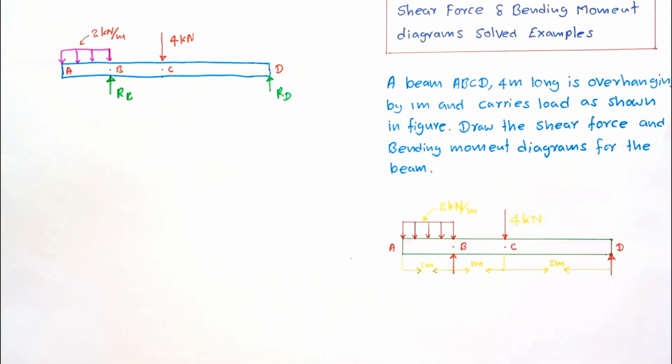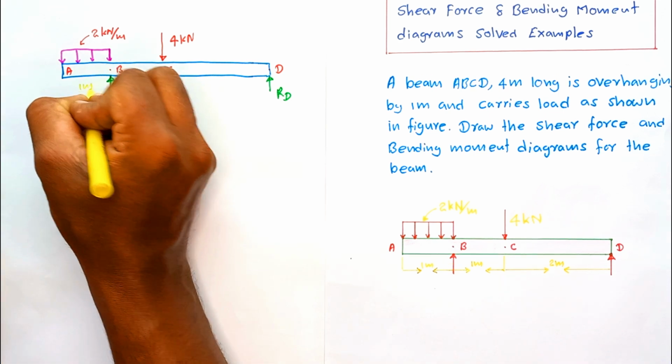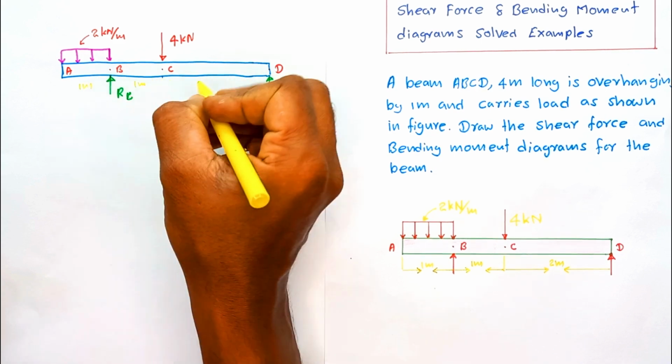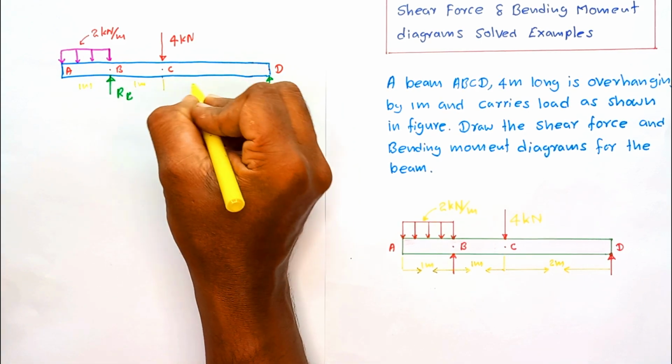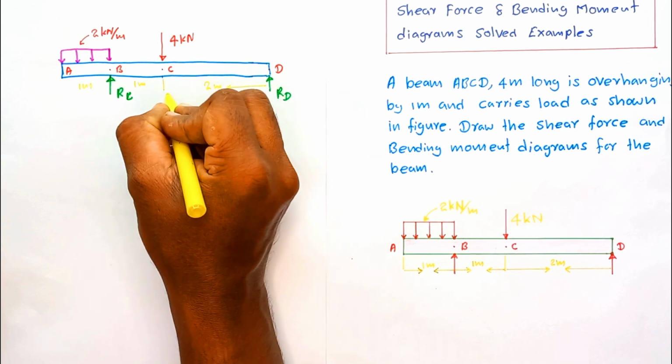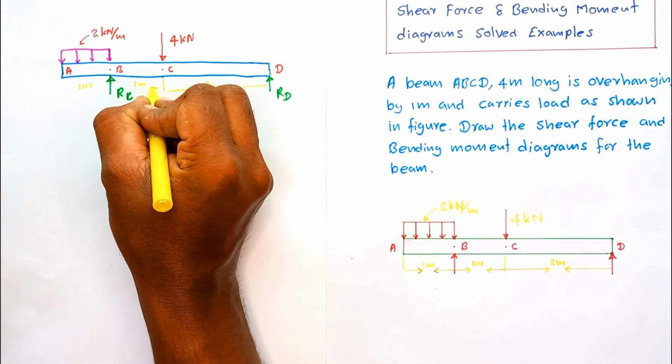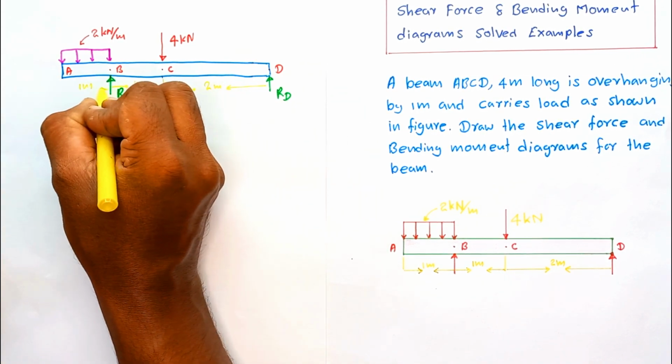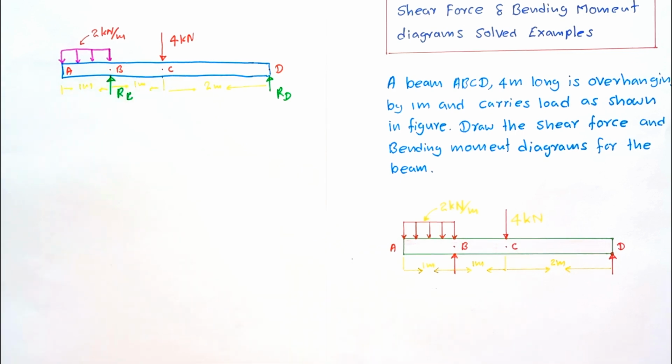In the length you can mark here 1 meter, here 1 meter, and this length is equal to 2 meters. Okay, this is the complete free body diagram for this entire beam.